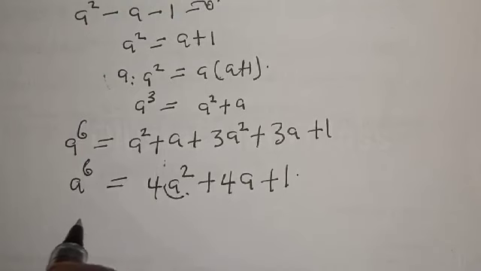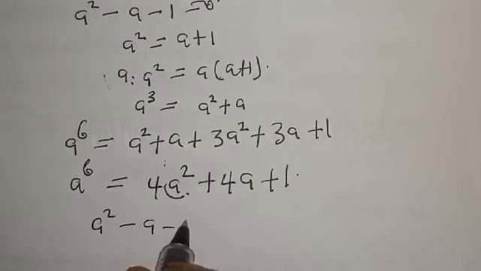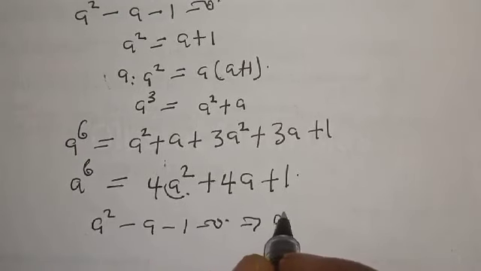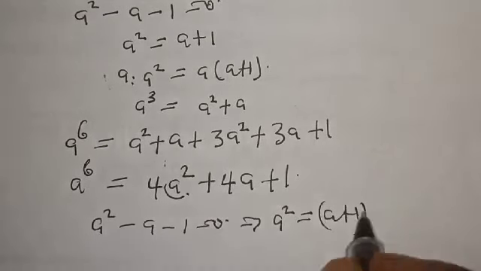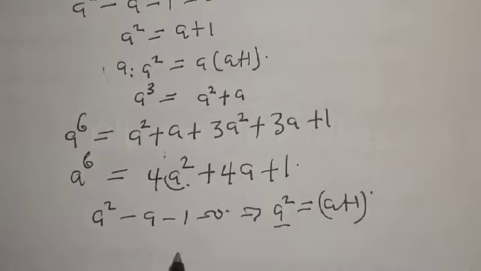We know that a squared minus a minus 1 is equal to 0. Then this implies that we have a squared is equal to what? A plus 1. We already know that. Now let's substitute anywhere you see a squared, you put this a plus 1 there.